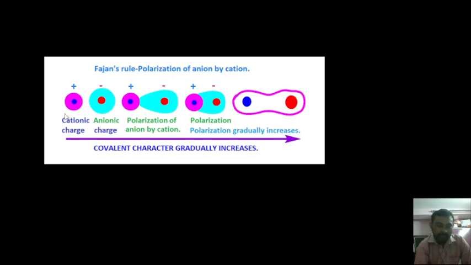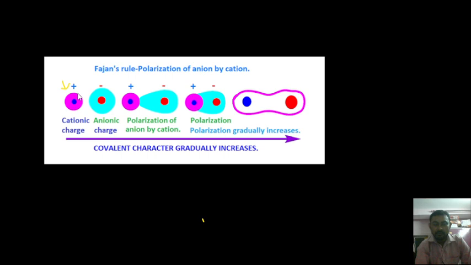The size of the cation is small with respect to the size of the anion, because the number of protons in the nucleus is greater with respect to the number of electrons. So the positive charge density is greater with respect to the surrounding electrons. The positive charge attracts the electrons too much, and as a whole the radius of the cation decreases.